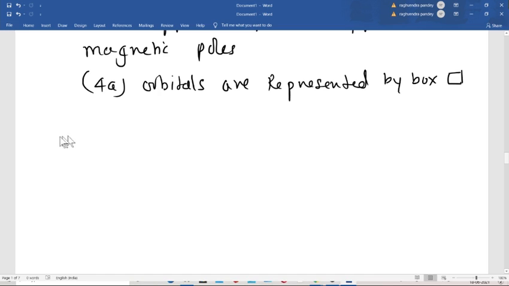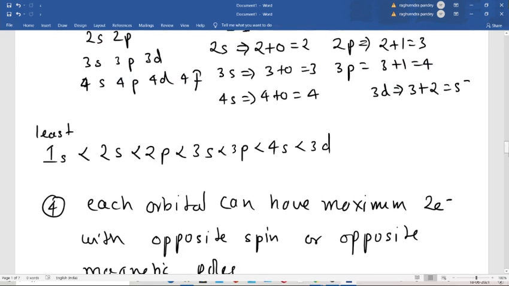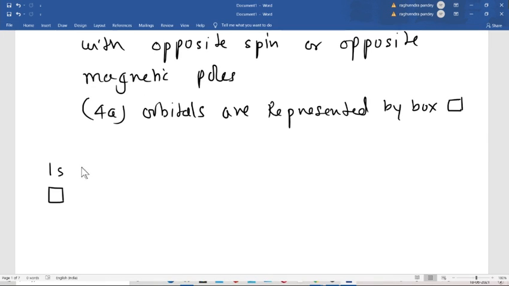So here we will write 1s. s is one orbital only, so we will write one box here, and each can have 2 electrons. Then next is your 2s, again s, so we write one box.